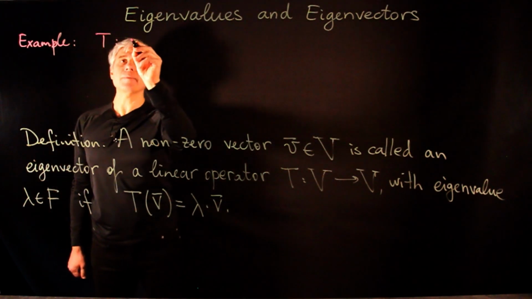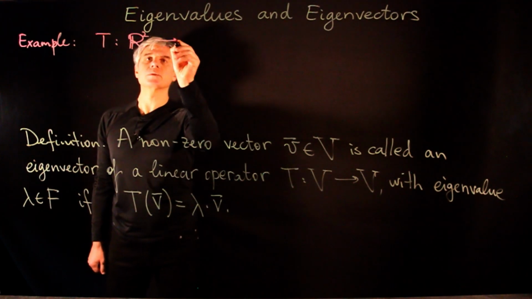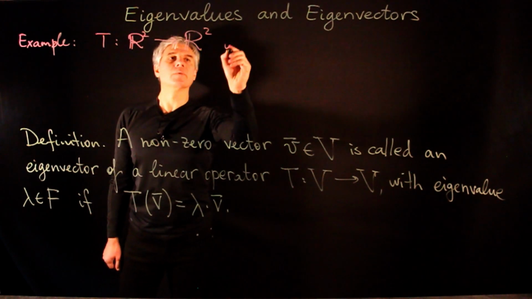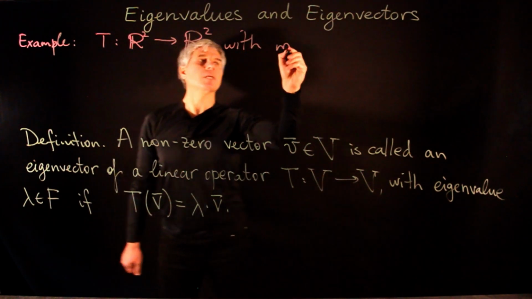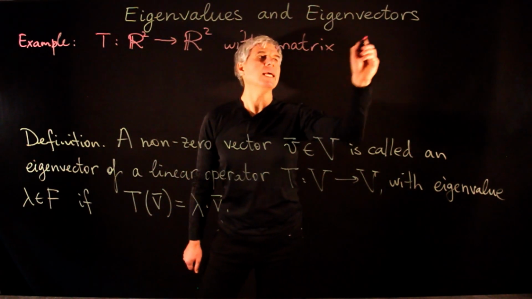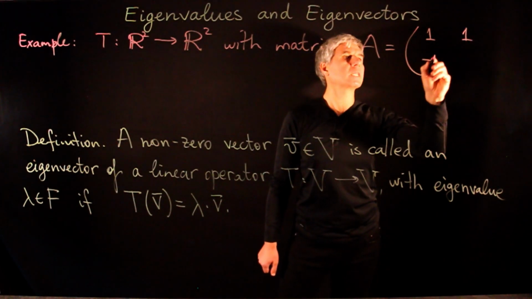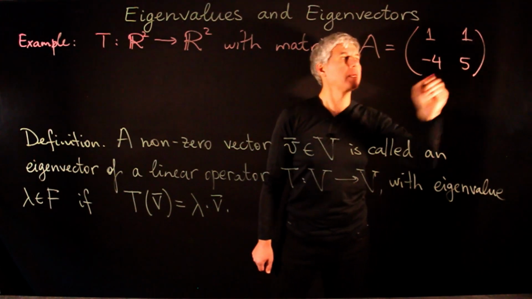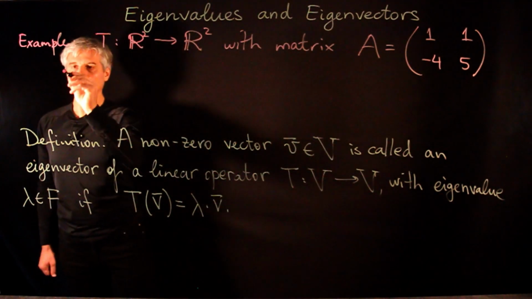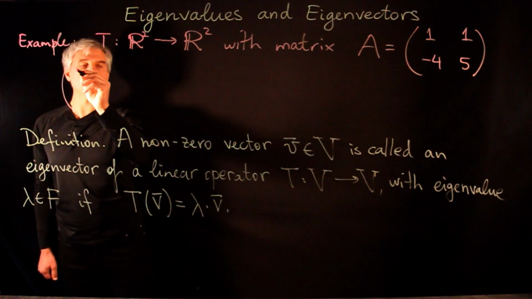Consider a linear operator from R2 to R2 with matrix A, which is 1, 1, minus 4, 5. So let us consider the following multiplication.